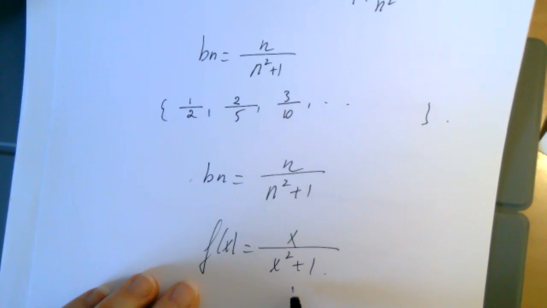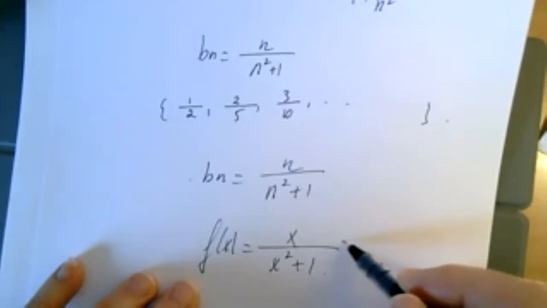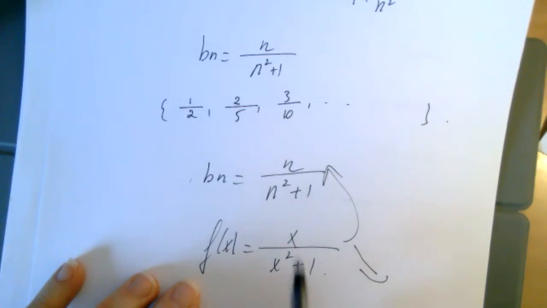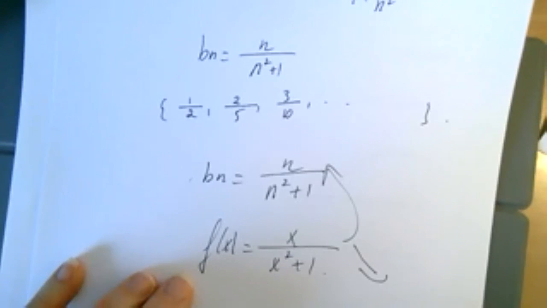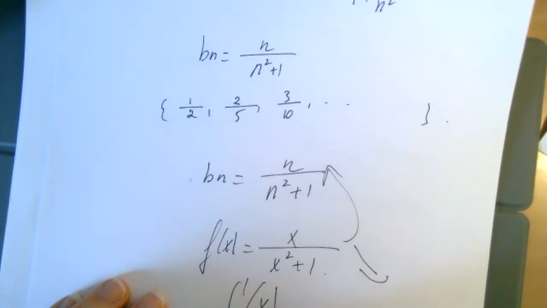If I can show this function decreases, I can show that the Bn decrease. Now, how to show that a function decreases? Calculus 1 tells me to show that the derivative is negative.